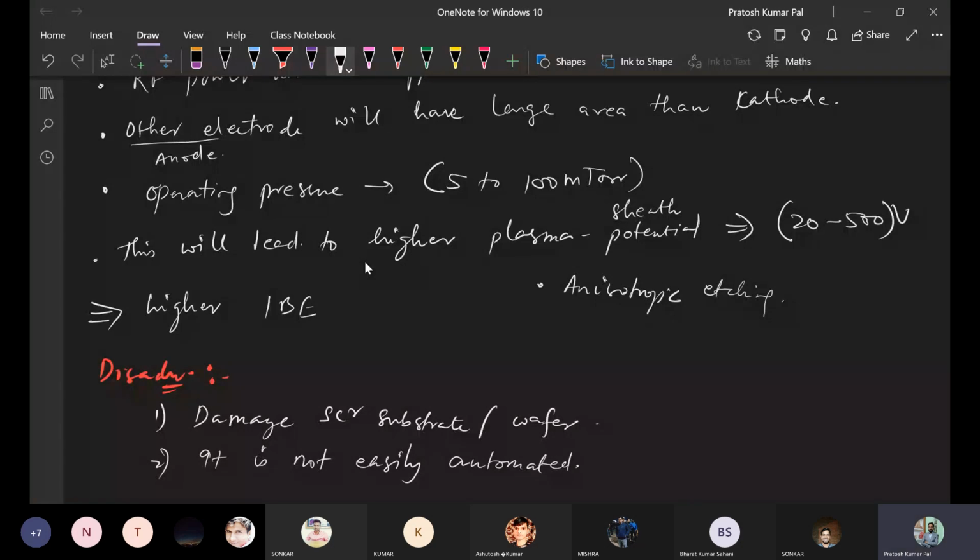Also here, as it is a reactive type of etching, its name is reactive ion etching. Okay, so here we are going to use reactive gases inside this chamber.